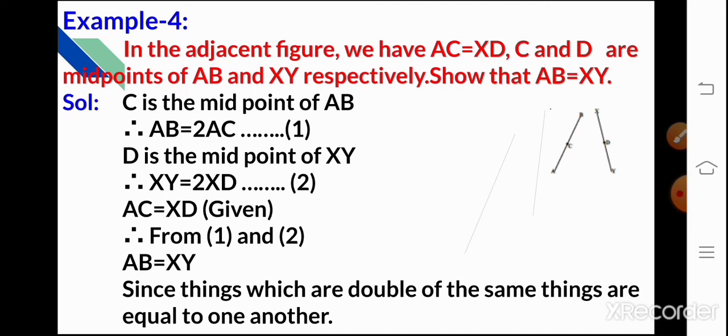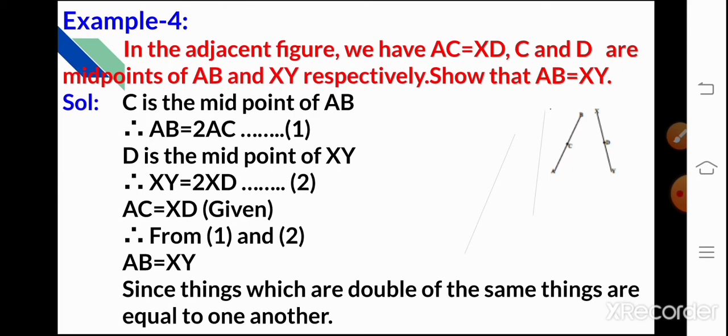C is the midpoint of AB. Therefore, AB can be written as 2AC or 2BC. Here I have taken AB equals 2AC. Call this 1.